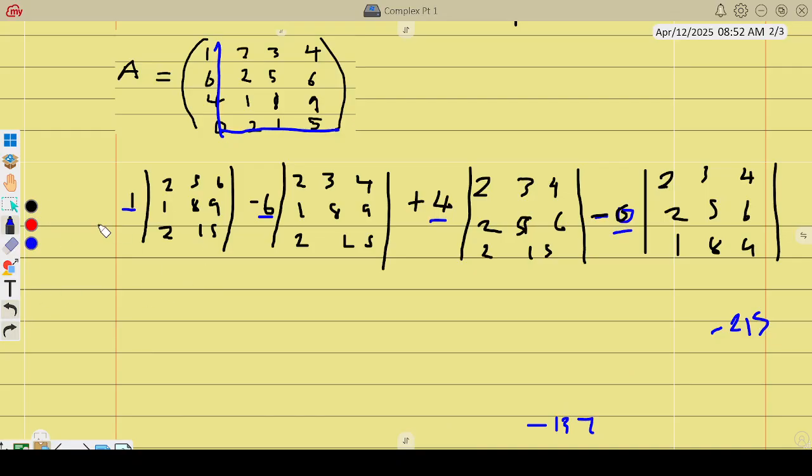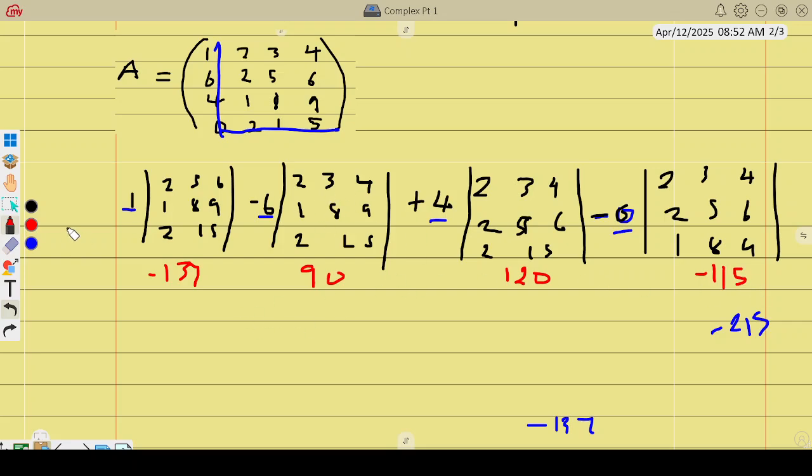Now we have, let's say, negative 137. Even here you find the determinant, you get maybe 90. Here you find the determinant, you get 120. Here you find the determinant, maybe you get negative 115.